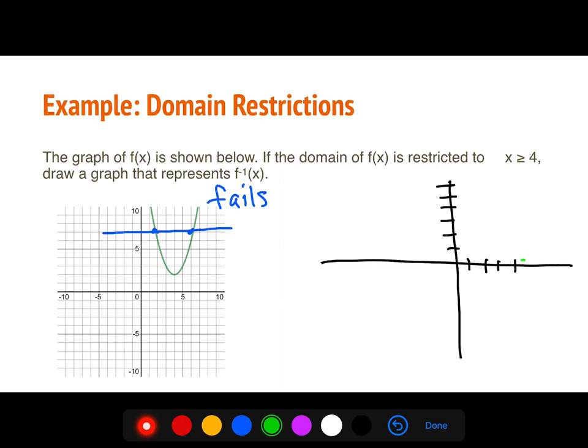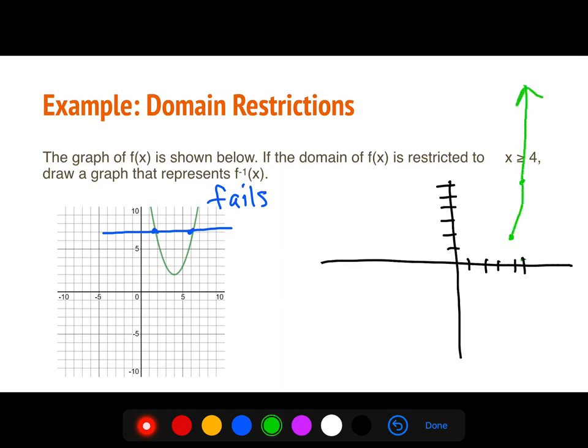At 4, it's up at 2, and then it looks like at 6, it's up at 6.